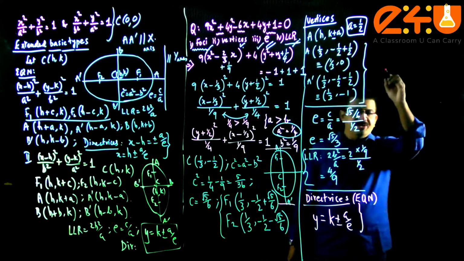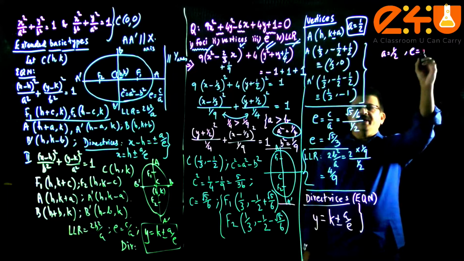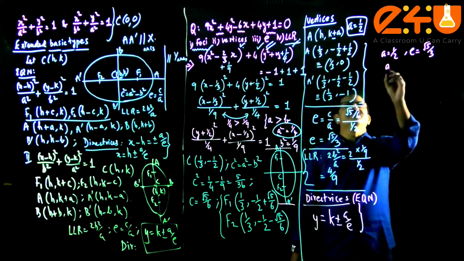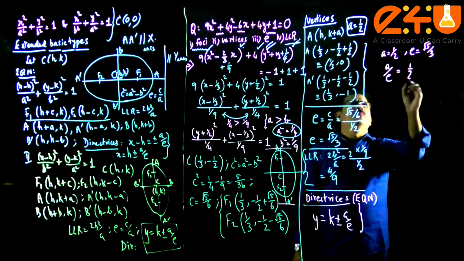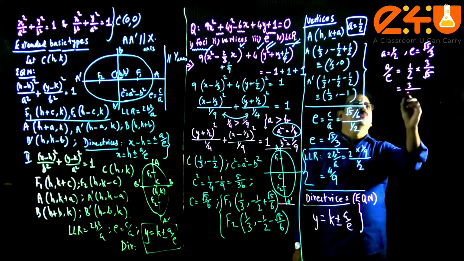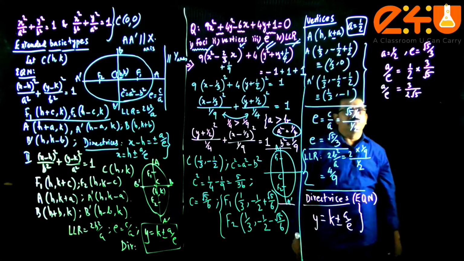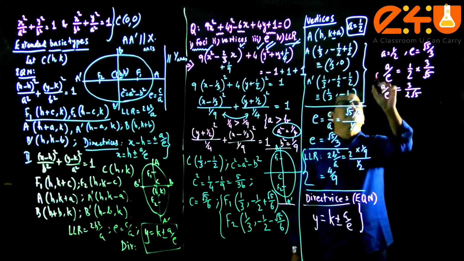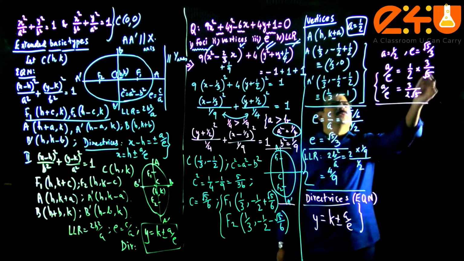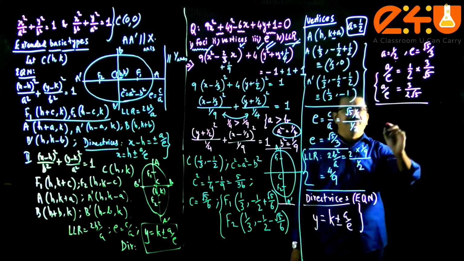We already have understood what is a. We already found e value root 5 over 3. So what is a by e? It is 1 by 2 times 3 by root 5. 3 over 2 root 5 is a by e value. So that is 1 by 2 divided by e.